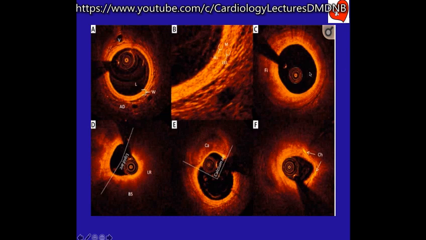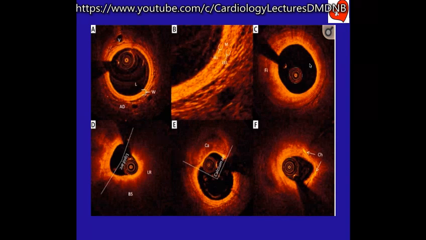Okay, now what does this show? Lipid. What do you mean lipid? Do you see lipid in the artery?